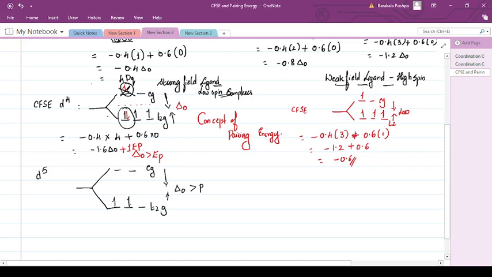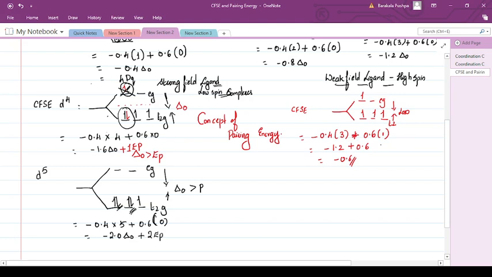Rather, it gets paired up in the lower level. So here, when you calculate the CFSE, it is equal to minus 0.4 into 5 electrons plus 0.6 into 0 electrons in the EG level, that is equal to minus 2.0 delta O, plus there are 2 electrons which are paired, so plus 2 EP is the pairing energy here.